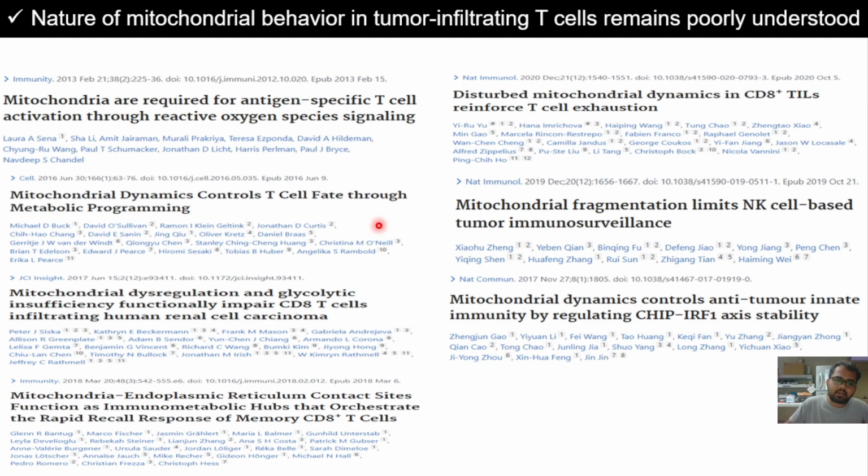People have done extensive research using T cells, especially CD8 T cells, and also using NK cells, and they have shown the role of NK cells in immunosurveillance and so on.